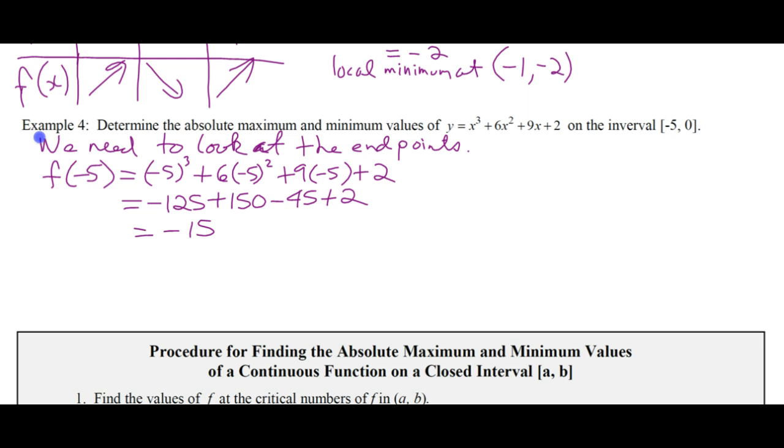No, it's not actually right, is it? Got one -18. You're right. It's good. You got to check up on this. So we have a point at -5, -18, right? Okay. So now we got to do f of 0, which is 2. That was easy. So we got the point 0, 2.